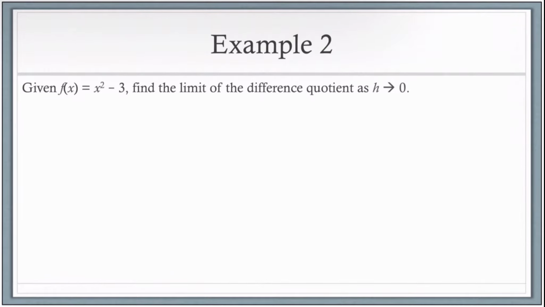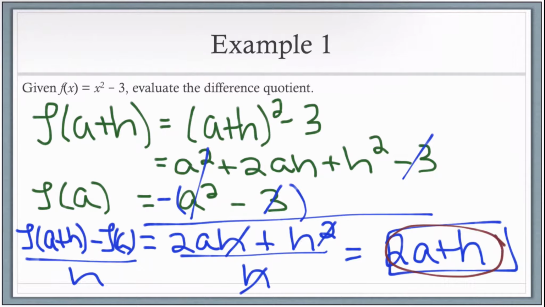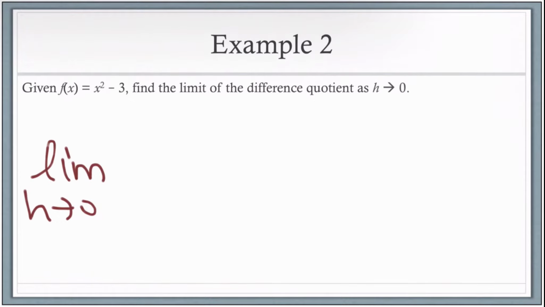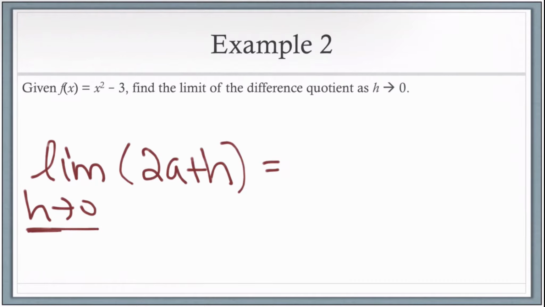In this example, I want to find the limit of this difference quotient. So if I'm given my x squared minus 3, we want to find the limit of the difference quotient as h is approaching 0. So the limit as h is approaching 0 of 2a plus h, which was our difference quotient, well, our limit is only with respect to h.